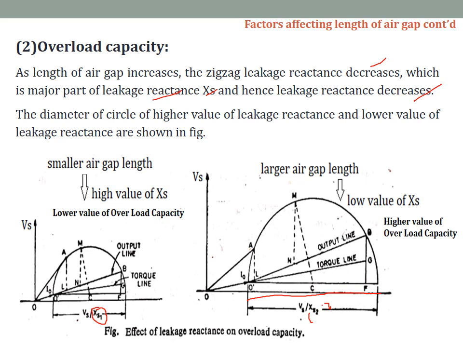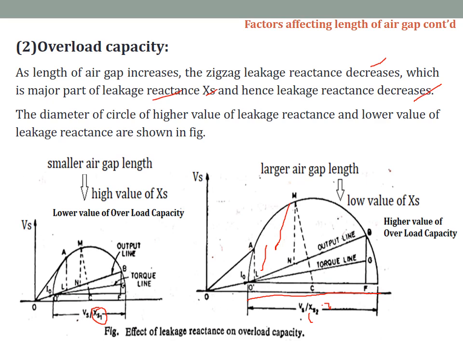Overload capacity is the ratio of Mn by Al. You can see here Mn is this much large, Al is this. So when air gap length increases, the ratio Mn by Al will be large, and overload capacity will be large.